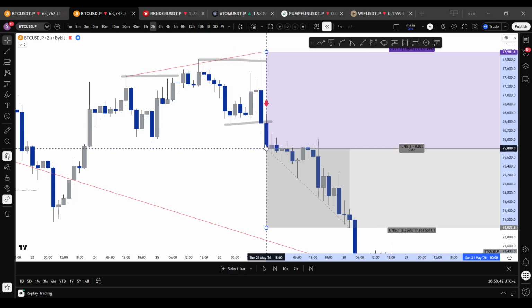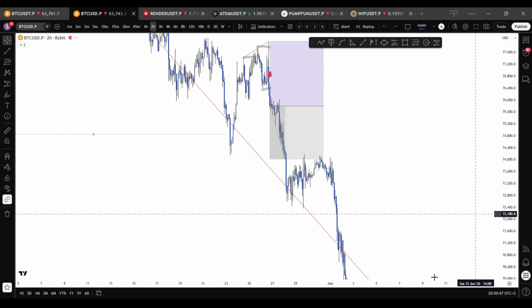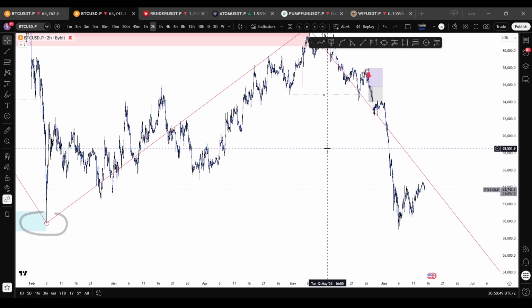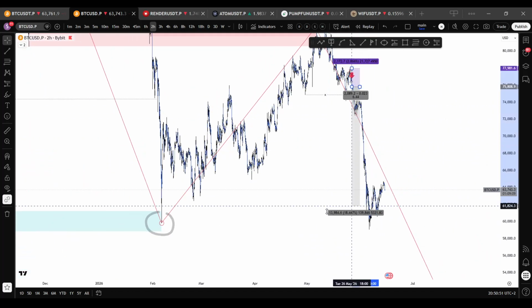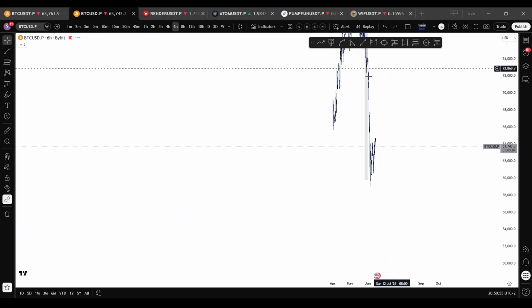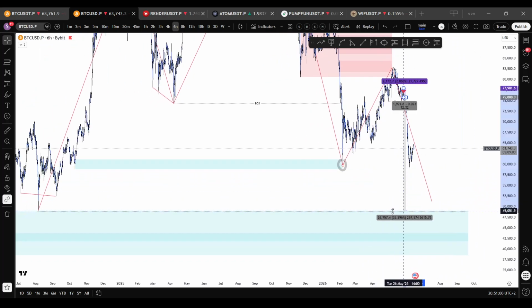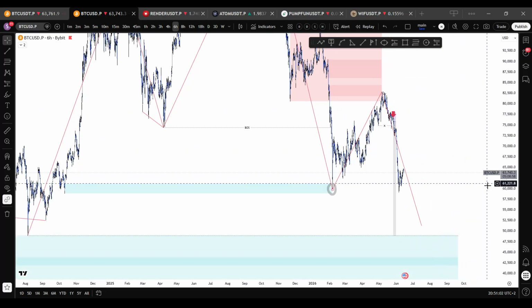This is not a great break. So we broke our structure around here, and you can target all the way down to this low, and eventually, because it's such a good entry, you could even target lower price levels.